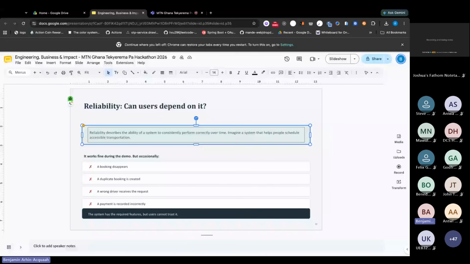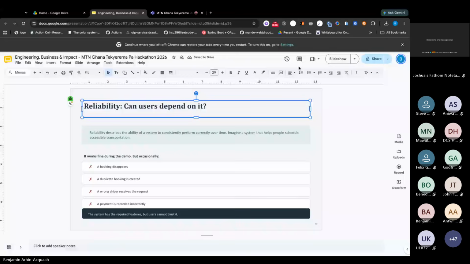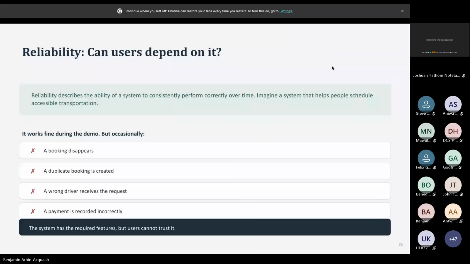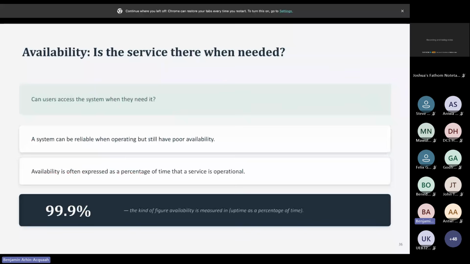In the context of availability, that's close. Availability is essentially users being able to access the system when they need it, not necessarily through different channels.